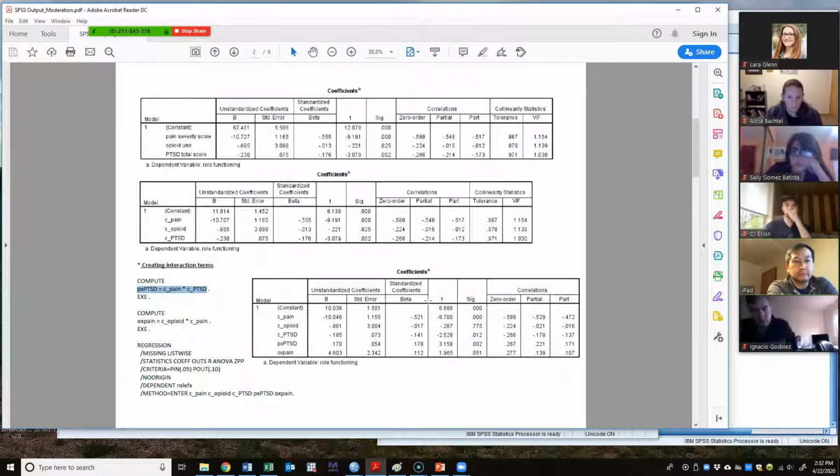So we can talk about, does opiate use strengthen or weaken that association?